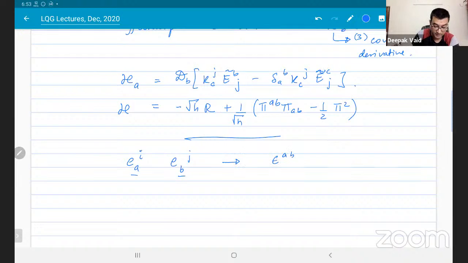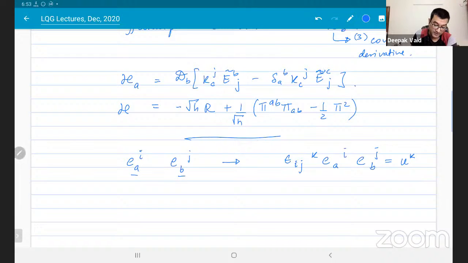I would say epsilon ABC, epsilon IJK, E A I, E B J. This would give me something which has one upper index and one internal index.